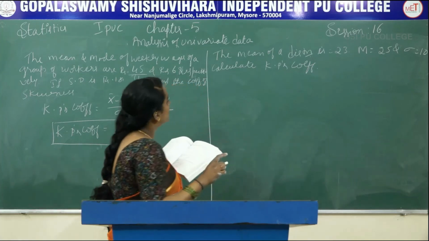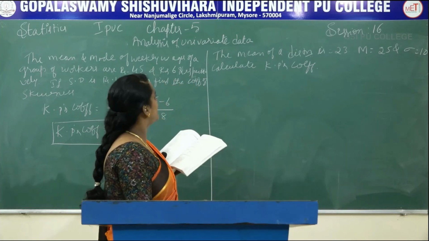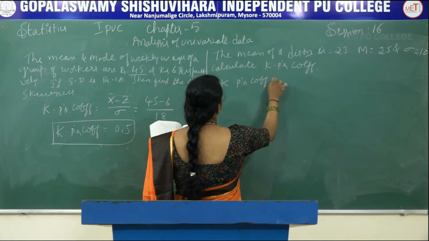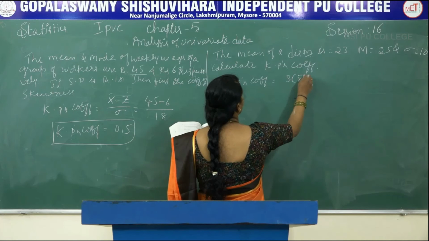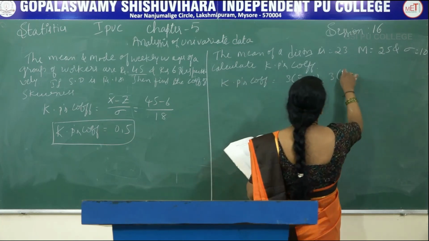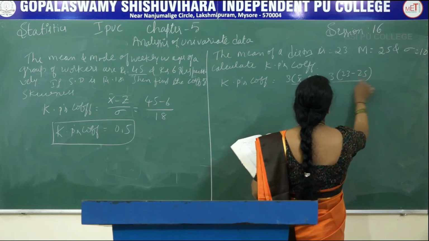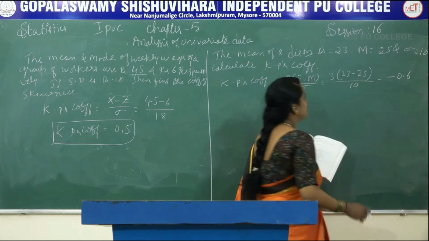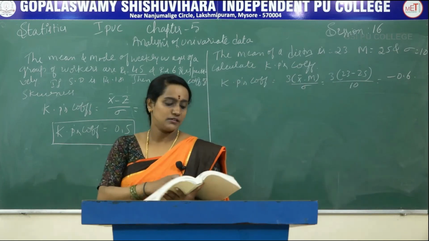Since here they have given the median value, the coefficient is 3 times (x bar minus median) divided by sigma, and this is 3 into (23 minus 25) by 10, and this is minus 0.6.